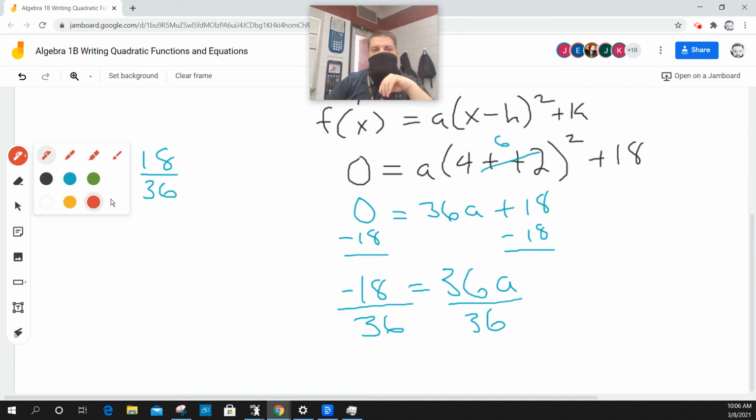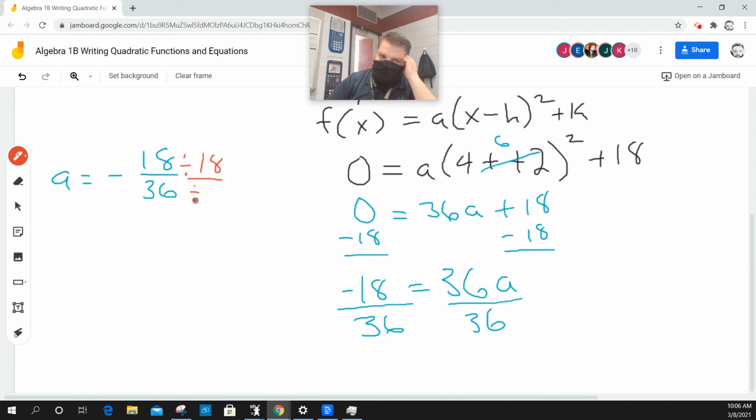I know that they're both divisible by, I think, 18, right? Yeah, 18 divided by 18 is 1. 36 divided by 18 is 2. Don't forget the negative sign. So then I get a is equal to -1/2.